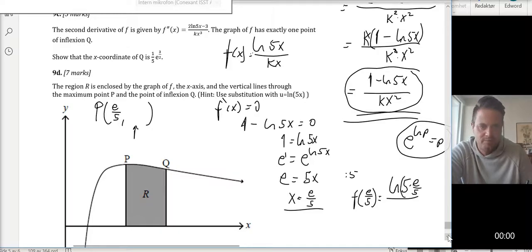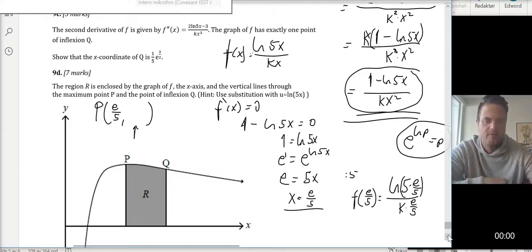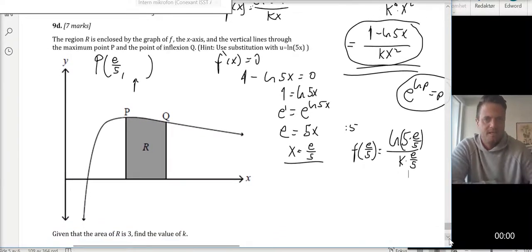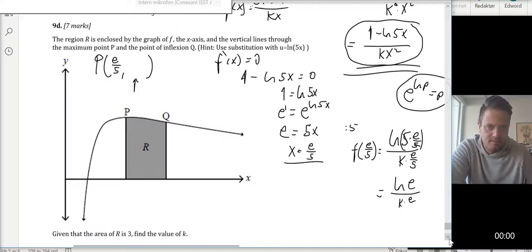I really prefer to have a bracket here. Divided by k times e over 5. So I put in the x coordinate here, and then you can see that 5 can reduce here, so you get just ln of e divided by, this can be written in different ways, but just write it like that here first, like this.